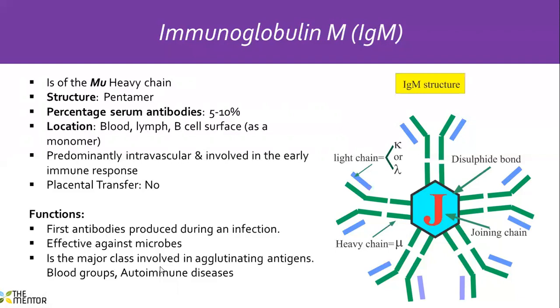For example, in the ABO blood group system you have an antibody against an antigen on the surface, and what helps in knowing which blood group you are is the agglutination. Also in autoimmune diseases, where our own antibodies act against our own cells or tissues, that leads to some clumping together. So IgM is very important for this kind of activity.